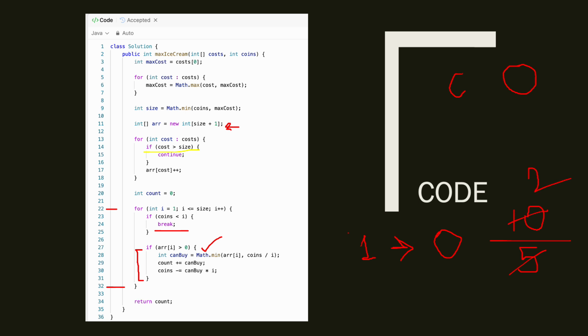So that is what we've done here, coins by I. And then we'll check the minimum with ARR of I, which is how many ice creams are there. Are there enough ice creams? So whatever is the minimum of these, we'll take it, add it to the count, and then we will decrement the coins by the number of ice creams times the price. So I is the price, right? And then we'll return the count.